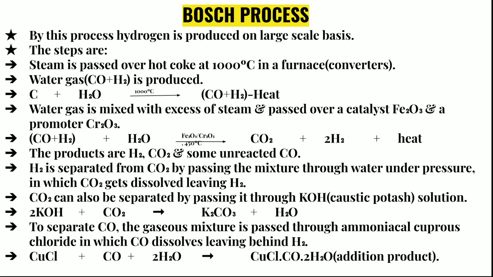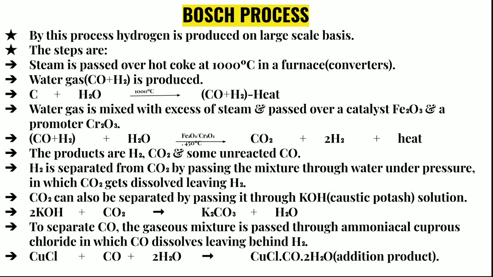Now to separate the carbon monoxide, I told you that some unreacted carbon monoxide is also produced in the reaction. To separate that carbon monoxide, the gaseous mixture, that is hydrogen, carbon dioxide, and the unreacted carbon monoxide, is passed through ammoniacal cuprous chloride, in which the carbon monoxide dissolves, leaving behind hydrogen.